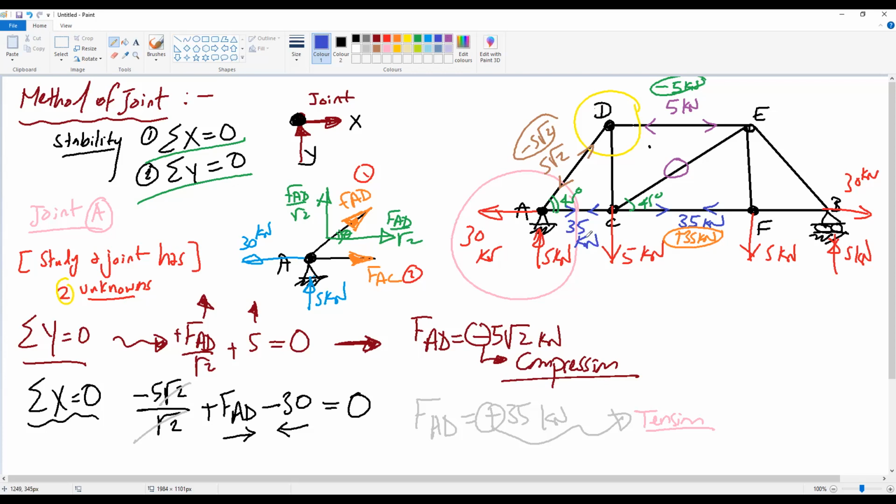Do you have any problem with this? Okay. So now we have finished joint A. Then to find member CD. How to find member CD?